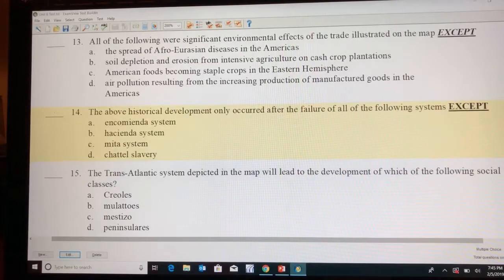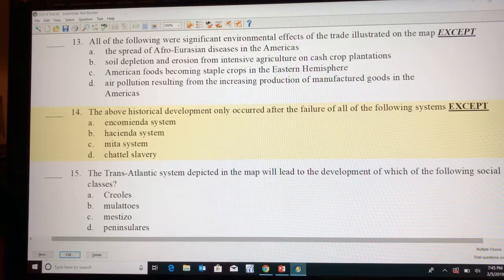Did slavery occur because there was a failure of the encomienda system, the hacienda system, the mita system, or chattel slavery? So talk as a class: 3 things are going to fail, and that led to slavery, and one of them didn't lead to slavery. Talk it over as a class and come to an agreement. We're going to look at 15 as well. Ms. Morgan has the answer for number 14.